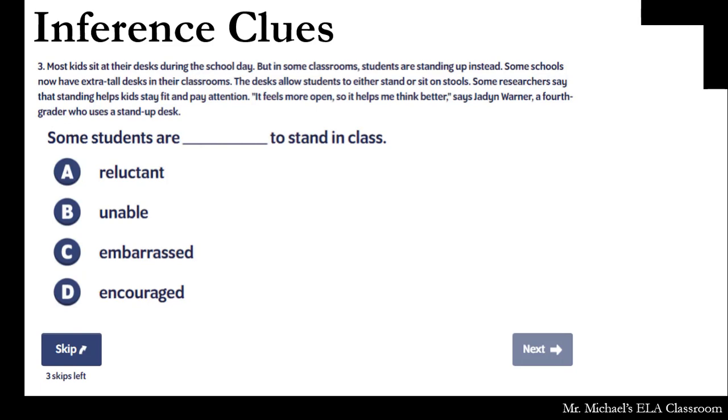Some schools now have extra tall desks in their classrooms. The desks allow students to either stand or sit on stools. Some researchers say that standing helps kids stay fit and pay attention. "It feels more open, so it helps me think better," says Jaden Warner, a fourth grader who uses a stand-up desk. So some students are blank to sit in class.